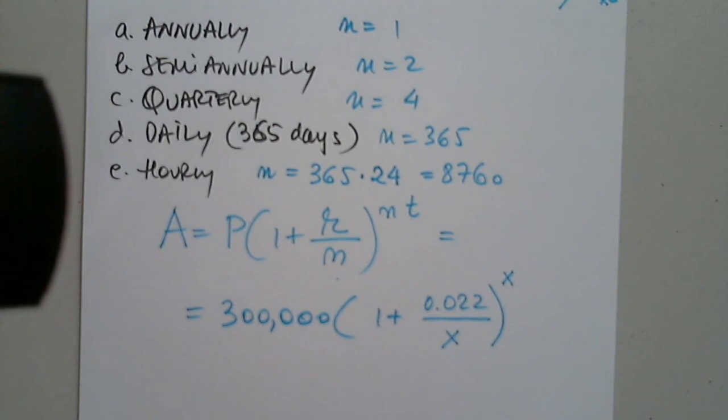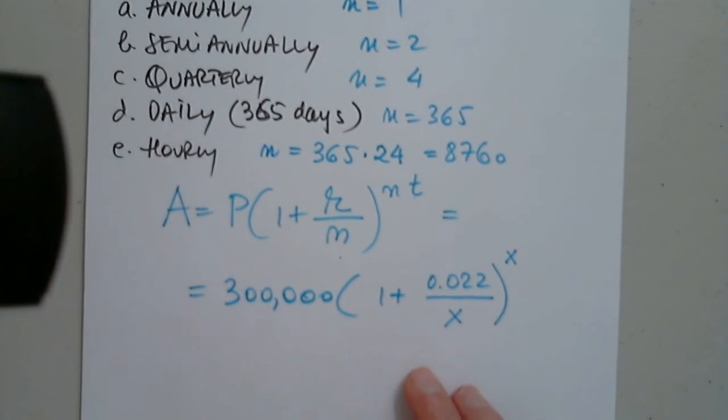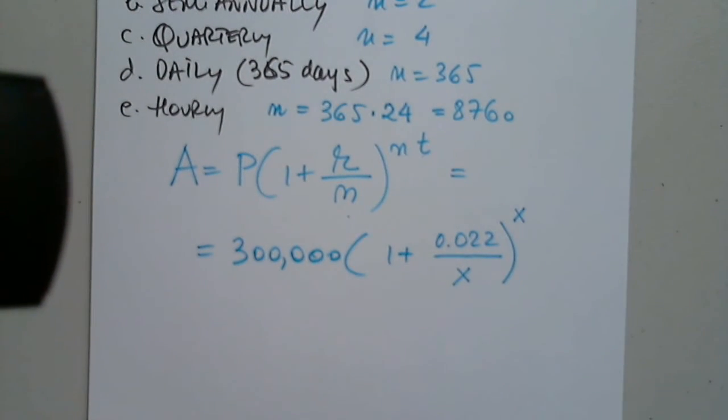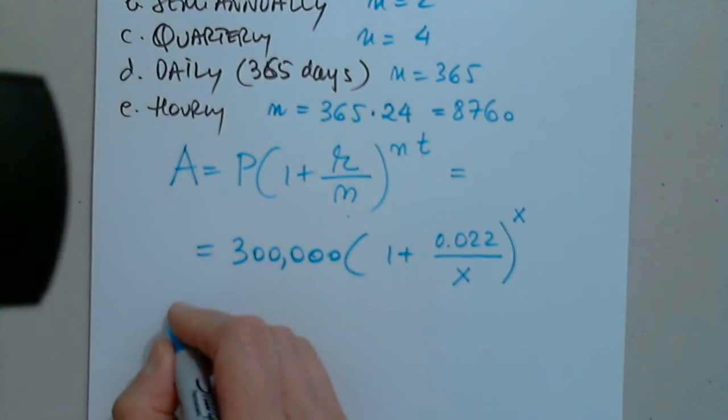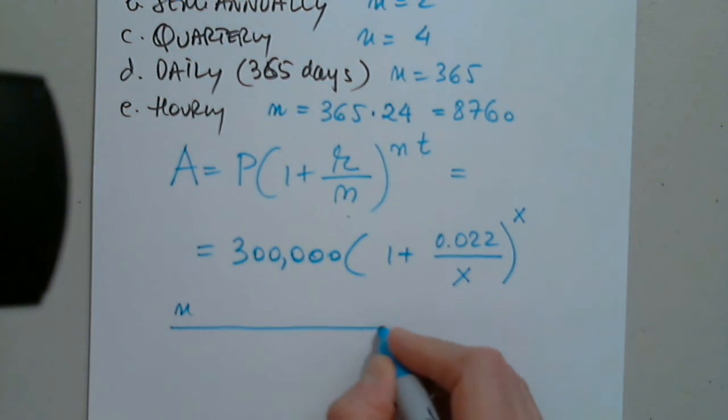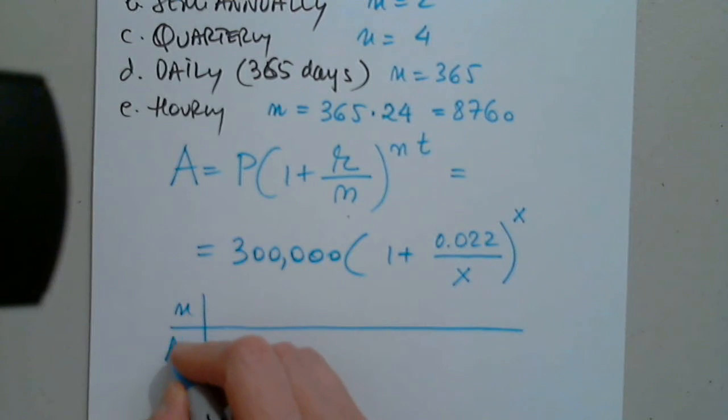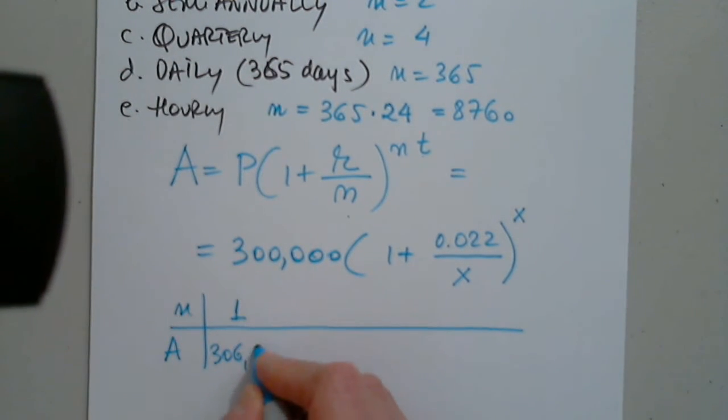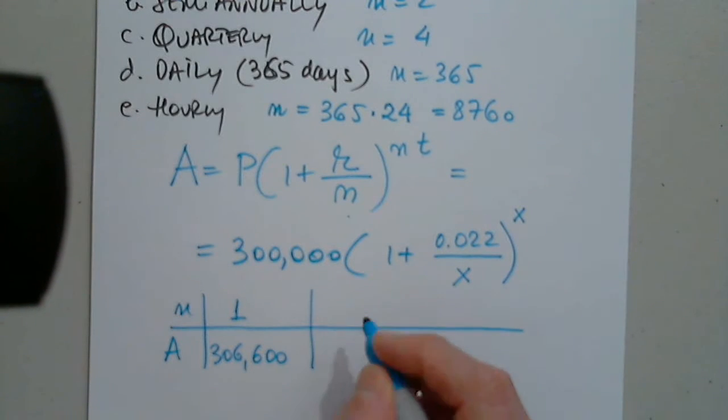Okay, so the first one is 306,600. So I will create this table for n and the accumulated value. When n is 1, 306,600. For 2, scroll down.